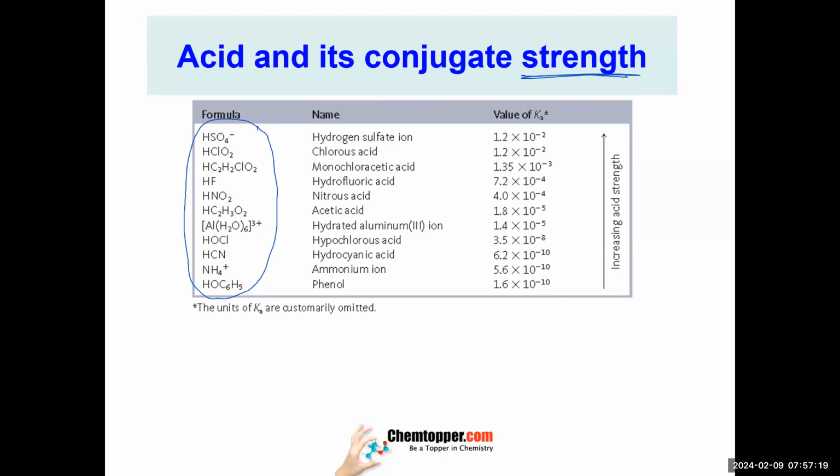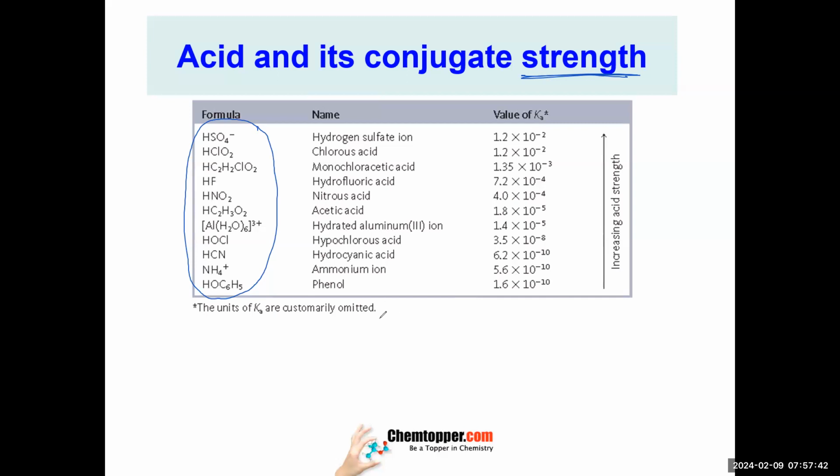Yeah, it's here. Check this. Download this file, children. Yeah, H2S is missing. HNO3 is missing. HI is missing. Good. Now download this table.